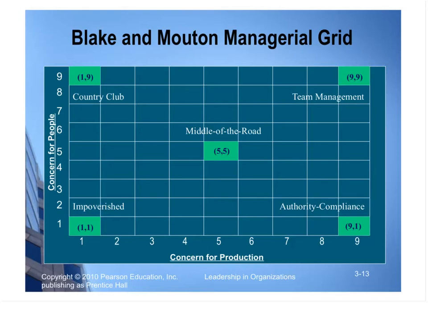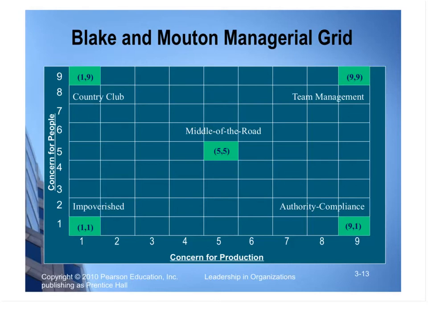But generally, as you can see, country club is where it's very casual and people just socialize with each other. You can see concern for people is very high, but concern for production is not that high, because a country club is more of a networking and socializing thing rather than production. On the very other end, we have team management.